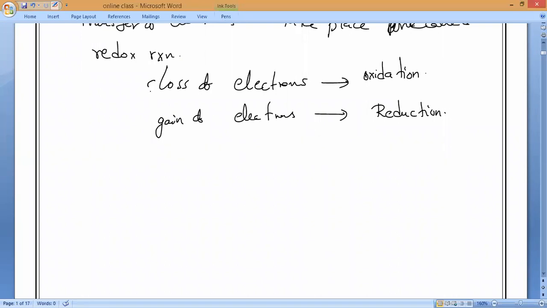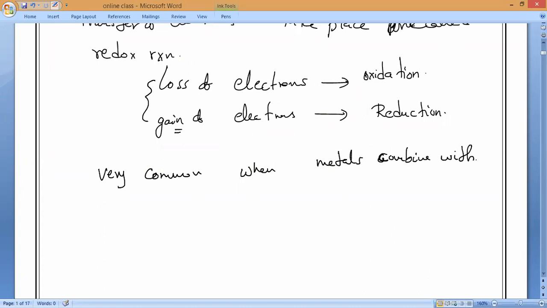So loss of electrons and gain of electrons is very common when metals combine with non-metals. When non-metals combine with non-metals, they share electrons.